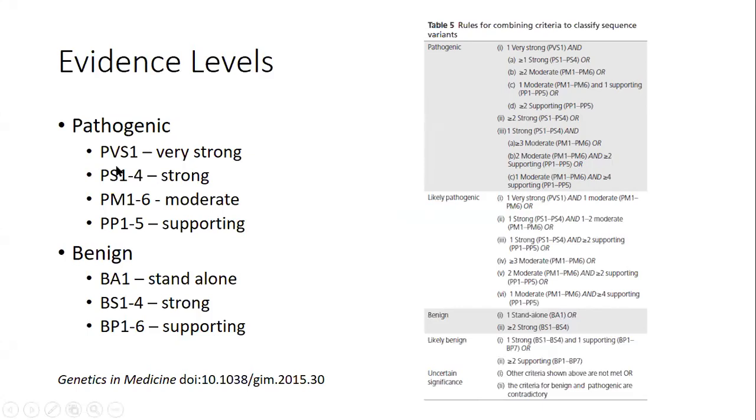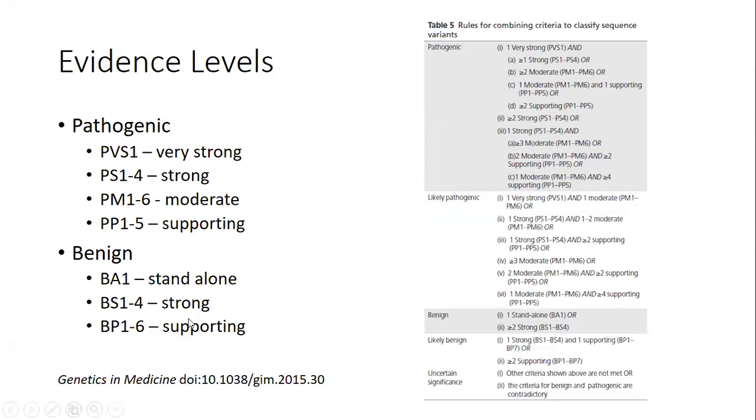I don't remember specifically what these are, but very strong evidence might mean that this segregates in the family, that there have been multiple individuals found with the same variant who have the phenotype, that it's de novo and both parents have been biologically proven to be the parents. Those kinds of things would constitute really strong evidence.